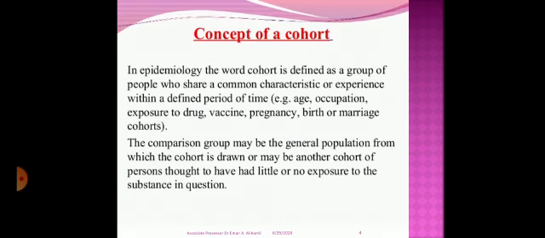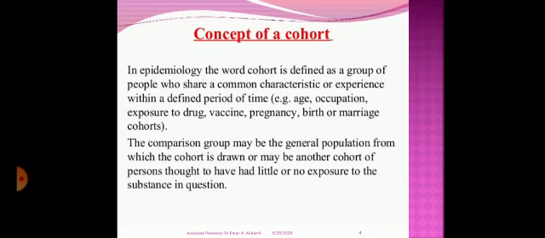So the concept of cohort study: we take a group, or cohort, of people, where a cohort is defined as a group of people who share common characteristics or experience within a defined period of time.